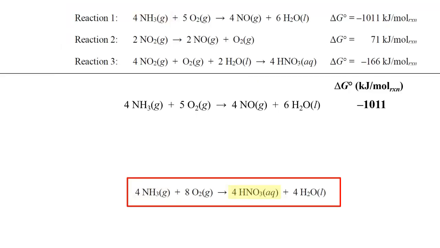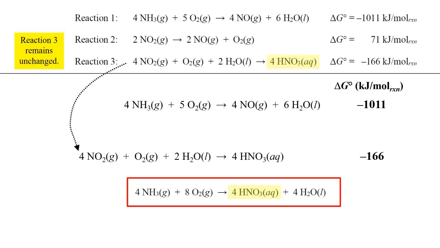So I'm looking for HNO3, and I can see it in reaction 3. It's exactly where it needs to be. I see 4 moles of HNO3 on the right, so reaction 3 also can remain unchanged. The delta G for reaction 3 is negative 166 kilojoules per mole of reaction, so that value remains unchanged.